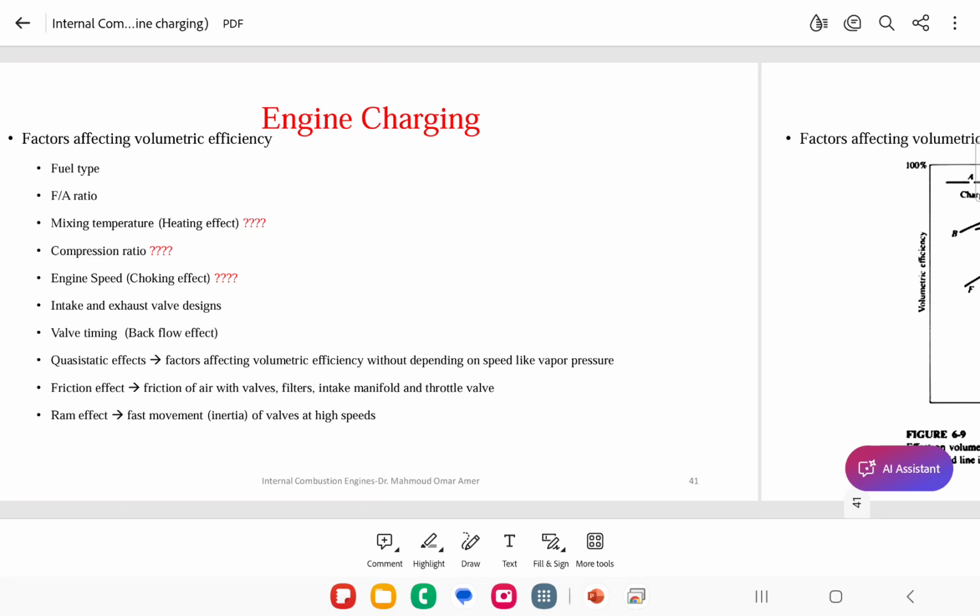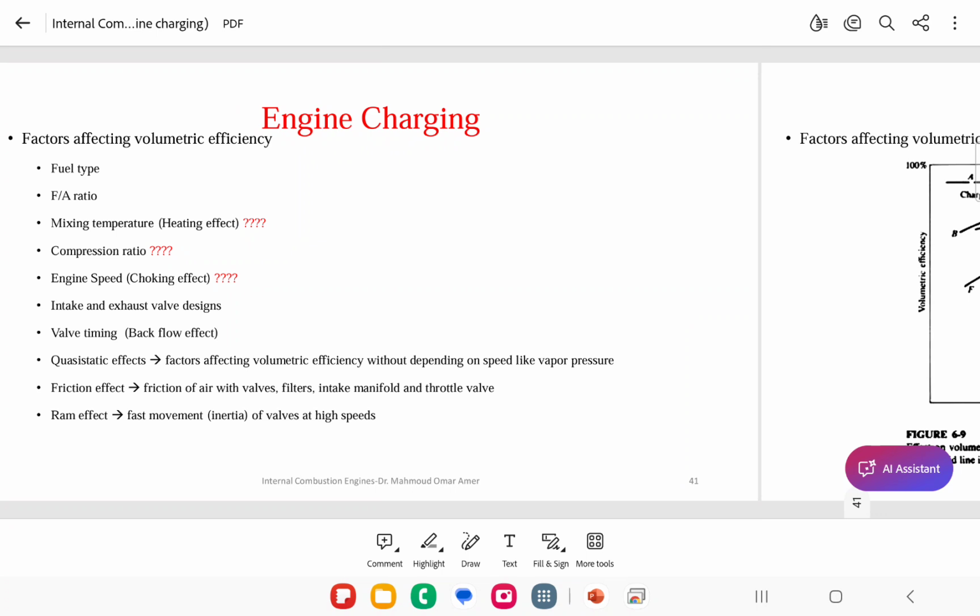What are those? Engine charging is, as we mentioned, removing the exhaust and entering new fresh charge. Okay?